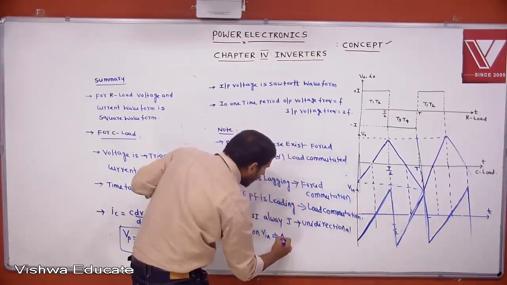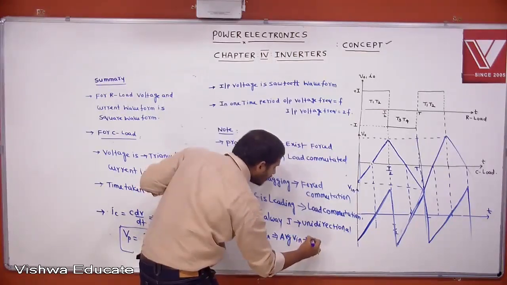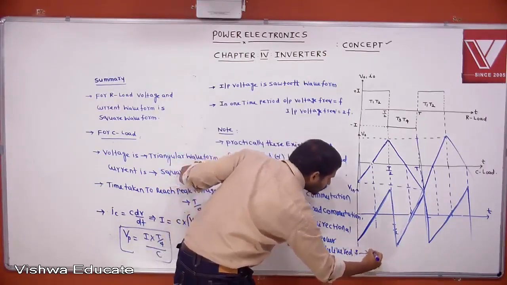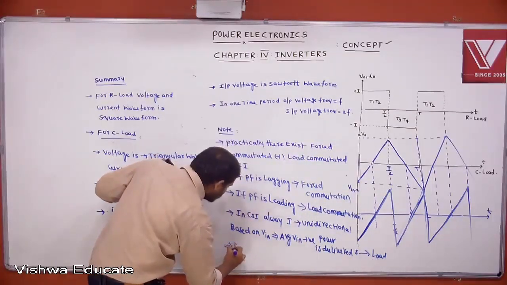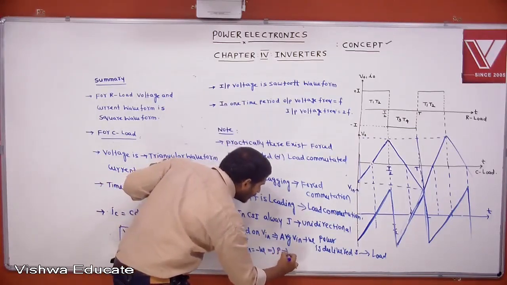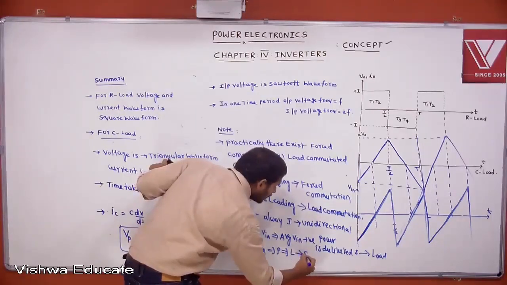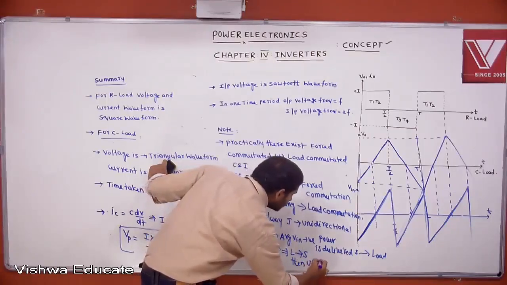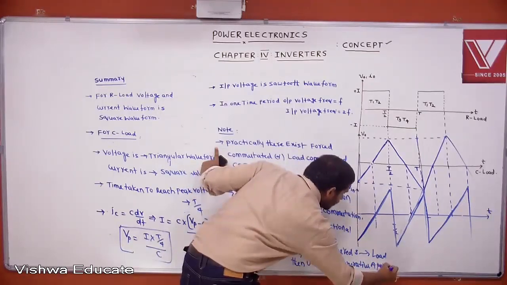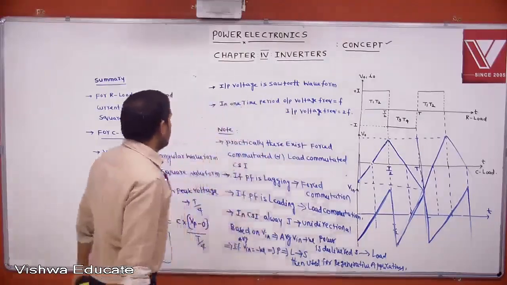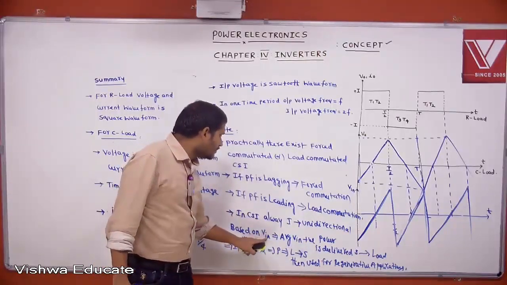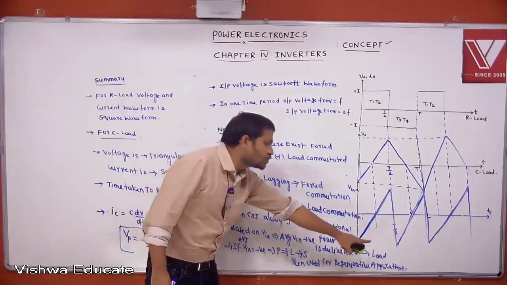If average Vn is positive, and I am drawing this waveform now, power is delivered from source to load.